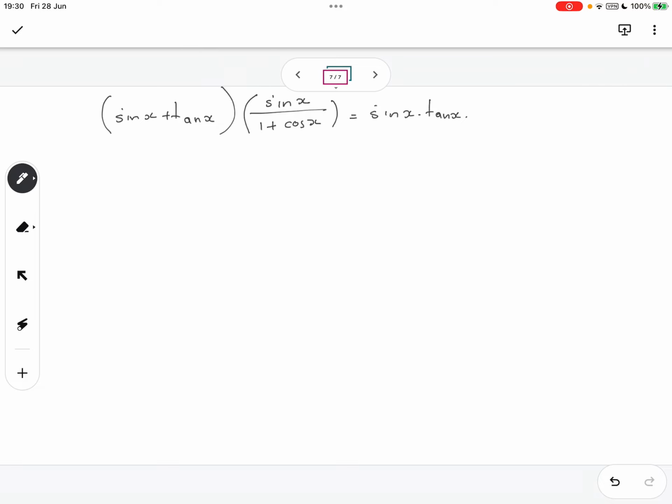So this is one of those where we might have to do some manipulation on both sides. So let's do that.